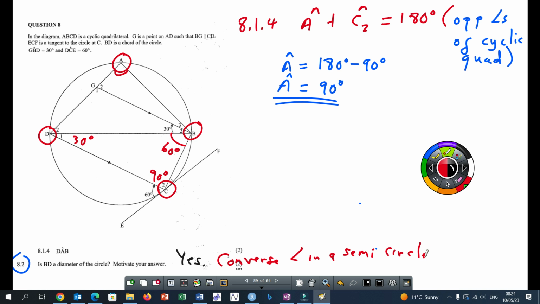Or you can say line subtends 90 degree angle, then you specify that at the circumference. Then it will also be acceptable. But this is the reason which I would suggest you write whenever you are asked to prove that a line is a diameter.